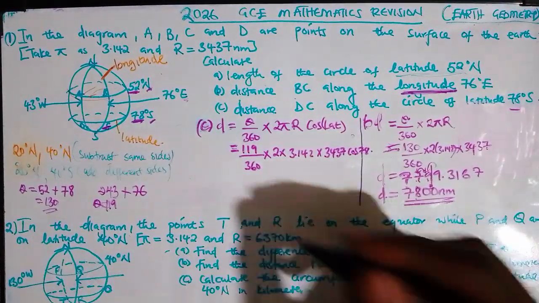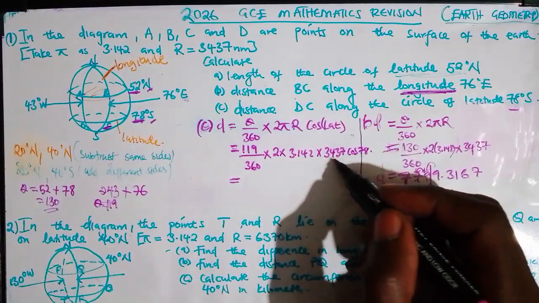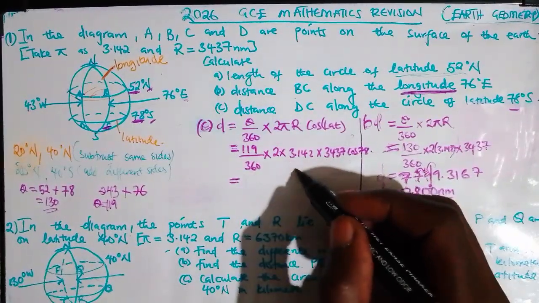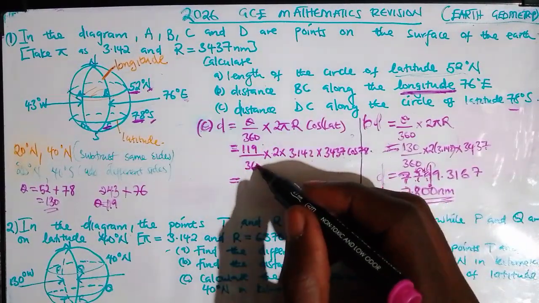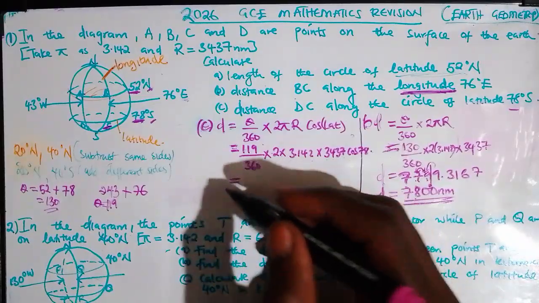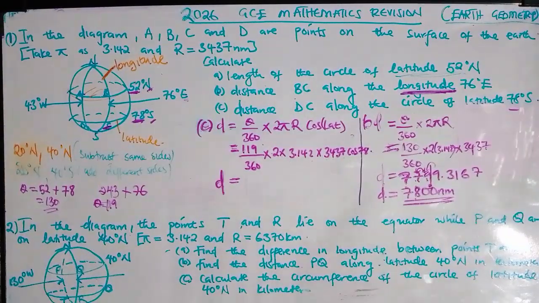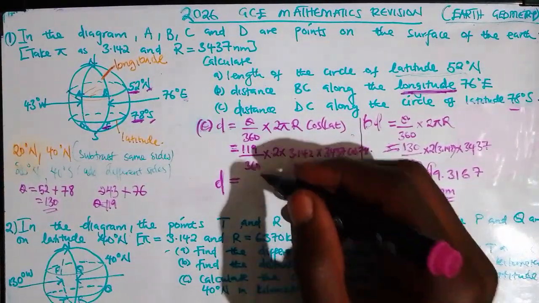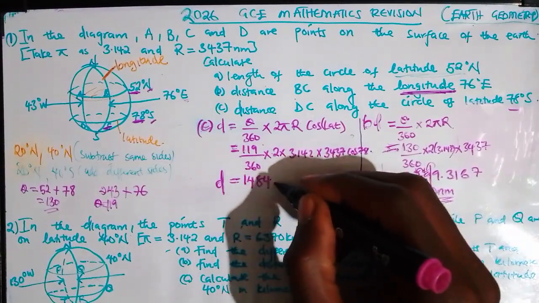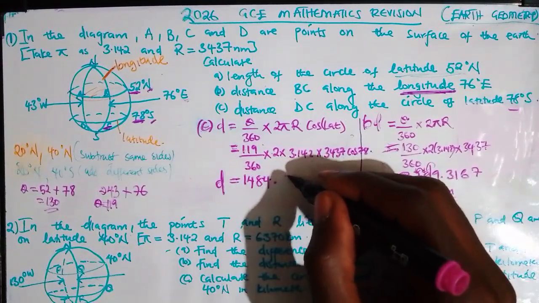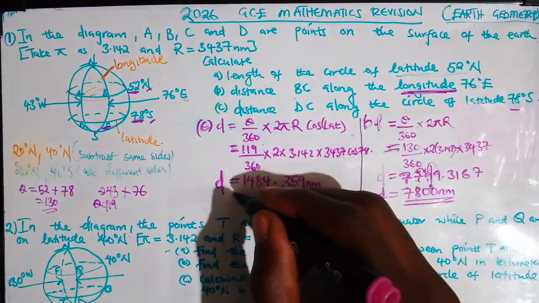So cos 78 degrees times 3437 times 3.142 times 2 times 119, then you divide everything by 360, and you get your answer to be 1484.359 nautical miles.